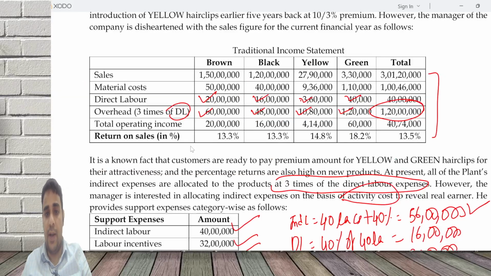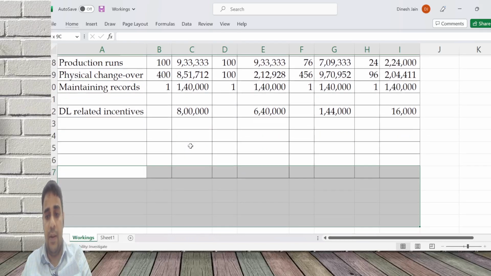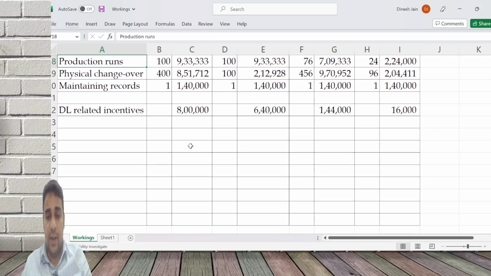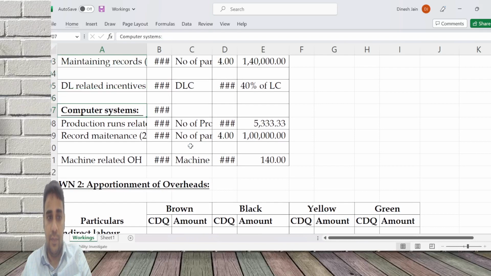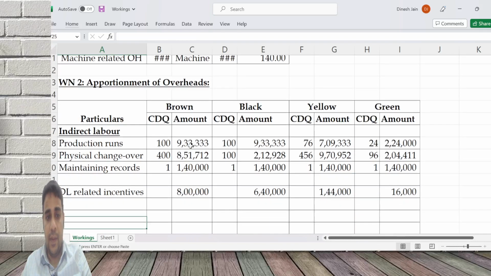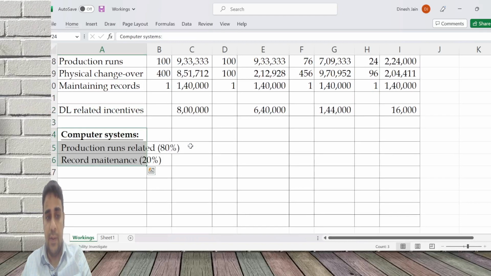The last product is 40,000, which is 16,000.